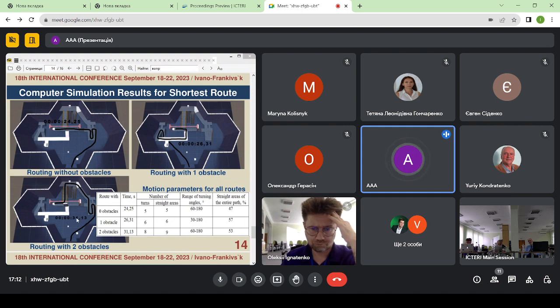It's two obstacles, and the modeling time is 31 seconds. Okay, and this is the 3D modeling visualization for 8 or 9 staging areas and turns.